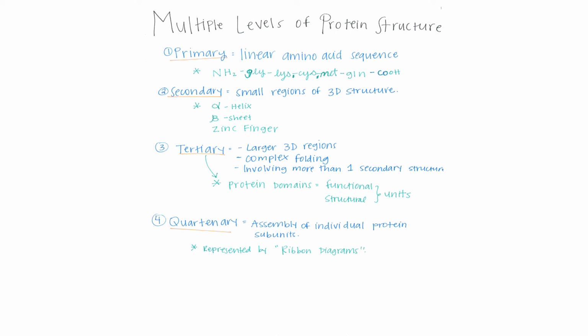So there are multiple levels of protein structure, and we're kind of moving up little by little. The primary structure, of course, is the linear sequence of amino acids. The secondary structure, which we just talked about, is small regions of three-dimensional folding. The classic is the alpha helix and beta sheet, zinc finger is another one, and there are others, but the most common are the alpha helix and the beta sheet.